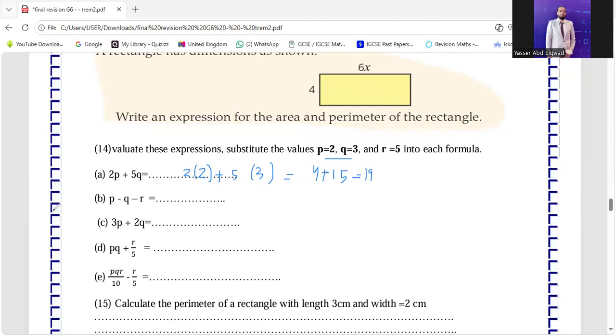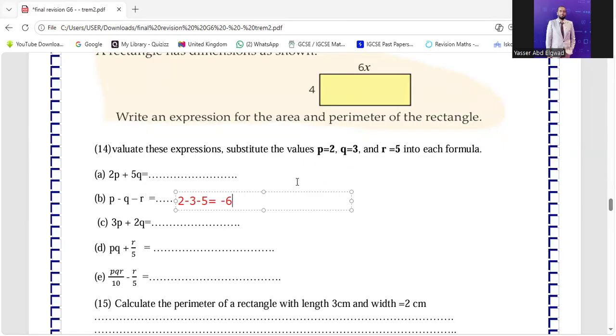The next one, here is p minus q minus r. As we said, p is 2 minus q is 3 minus r is 5. And you can get the final answer. 2 minus 3 is -1, -1 minus 5, -6.